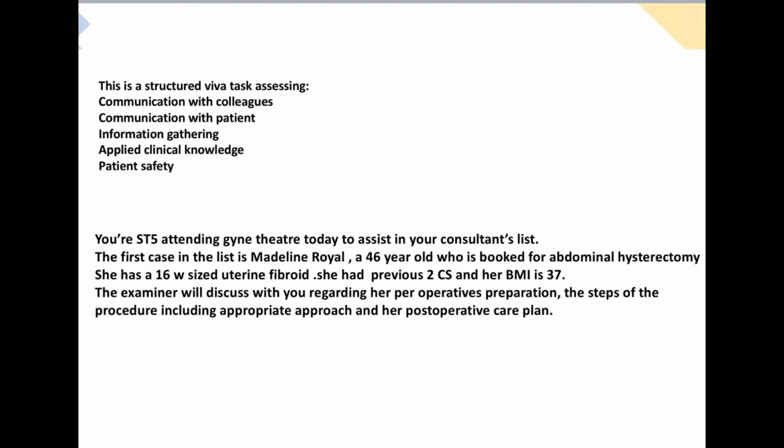If she has a family history of ovarian cancer, breast cancer, or anything related, we need to counsel her for removal of the ovaries, and that's for her best interest.